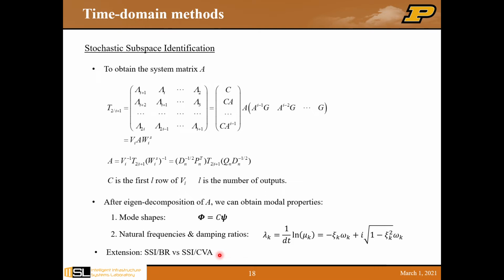The difference is that they use different weighting matrices. SSI-BR uses the identity as the weighting matrix, but CVA uses canonical variate analysis to maximize the correlation of the measurements at different locations.